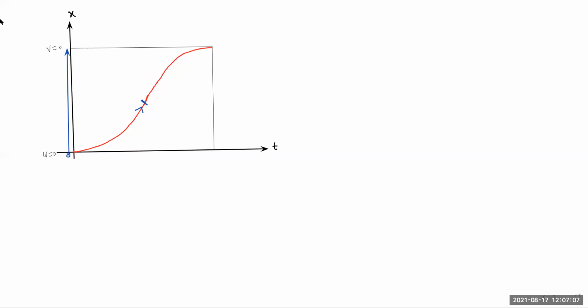Now again, there are two things to learn from here. If I say that the acceleration was greater in magnitude compared to the deceleration magnitude, it means you must have accelerated for the lesser duration and decelerated for the more duration, right?